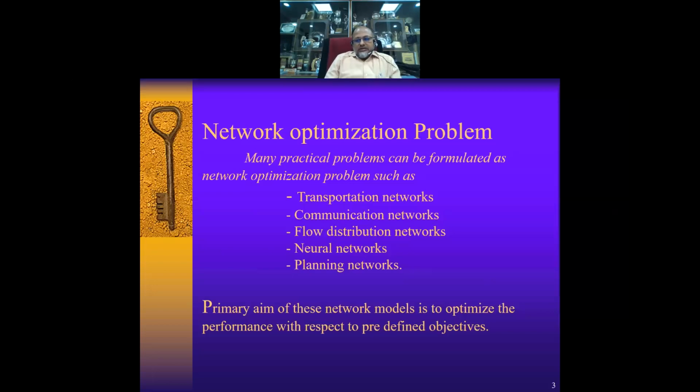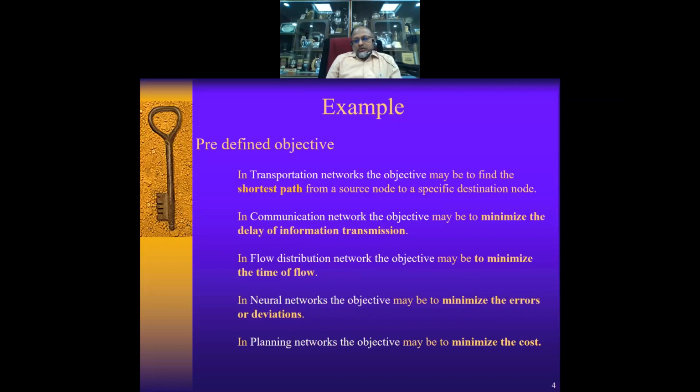In all these network models, the primary aim is to optimize the performance with respect to predefined objectives. Now, what are the objectives? What are our goals? It will vary from model to model. In a transportation network, the objective may be finding the shortest path from a source node to a specified destination.